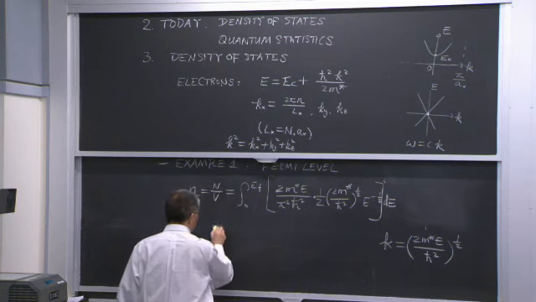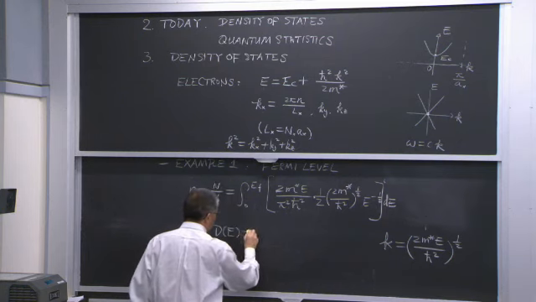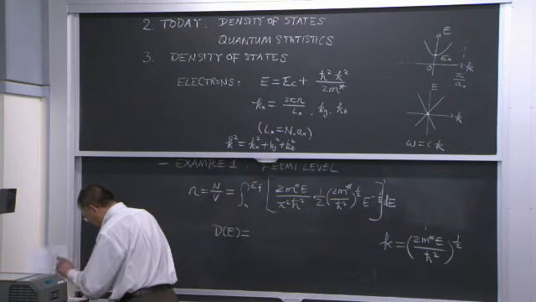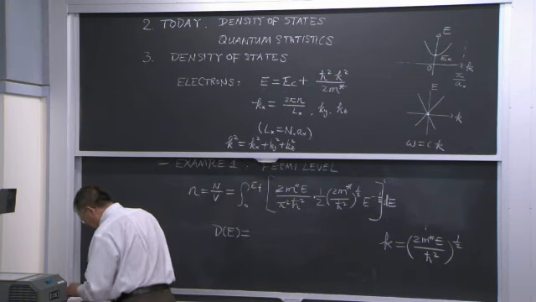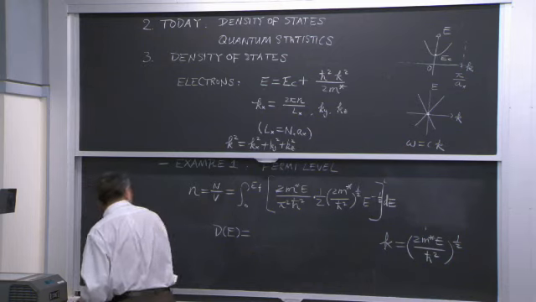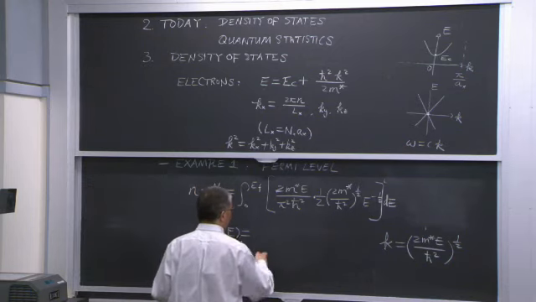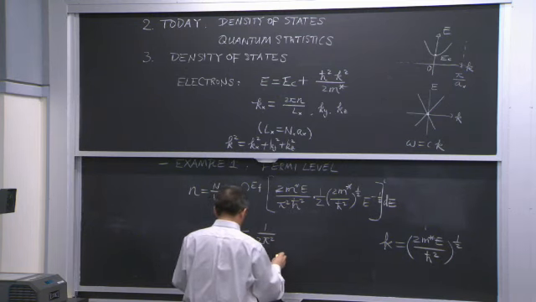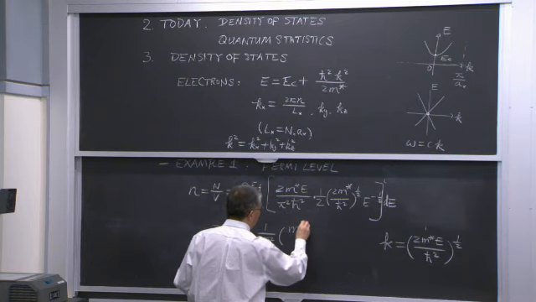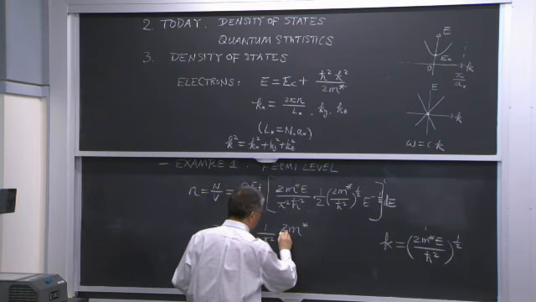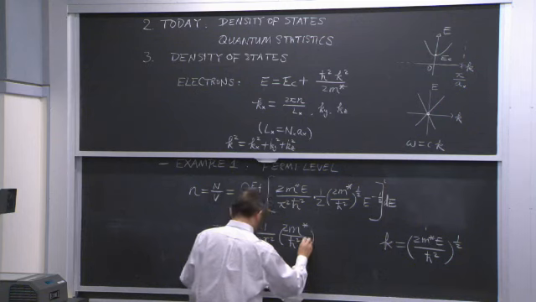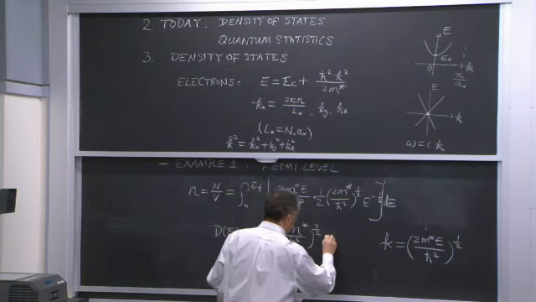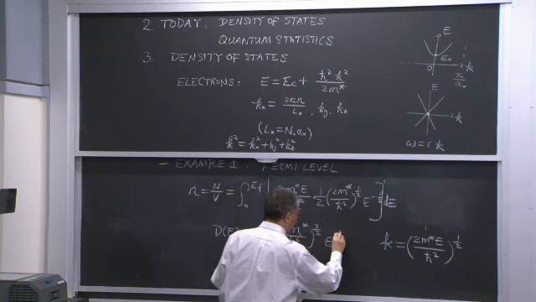So my density of states, I just want to check everything is written. It should be correct. What I have here is 1 over 2 pi squared, times (2m star over h bar squared) to the 3/2, times E to the 1/2.